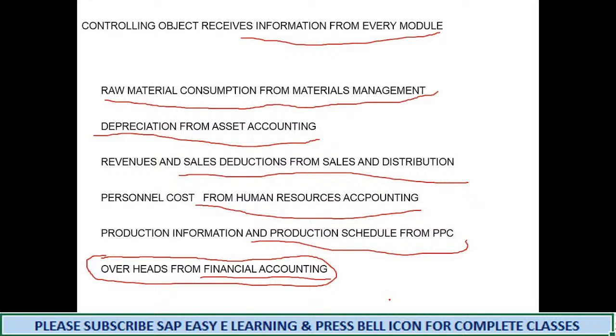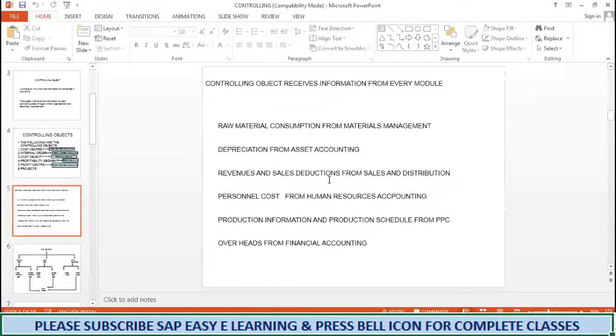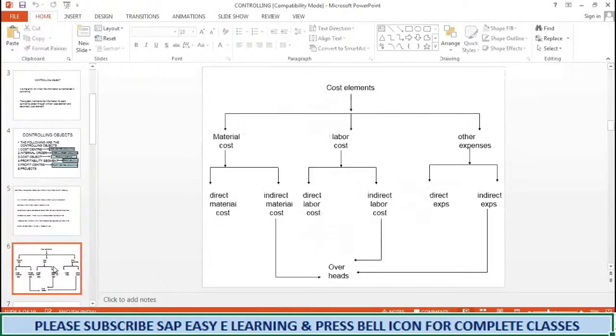It is the sum of indirect material cost, indirect labor cost, and indirect expenses.